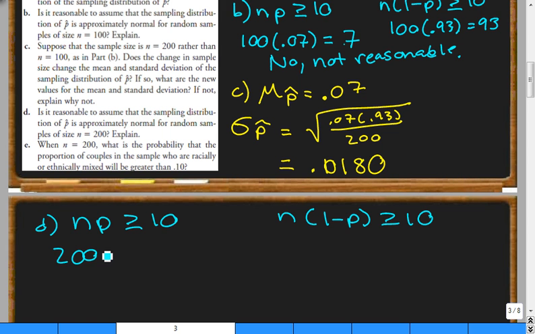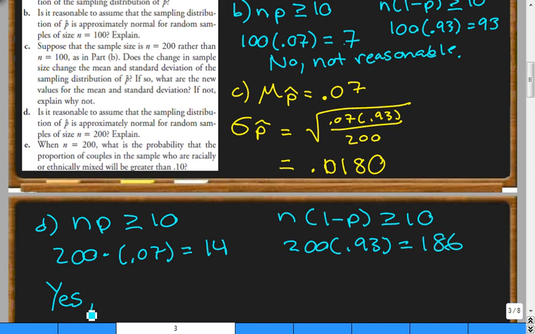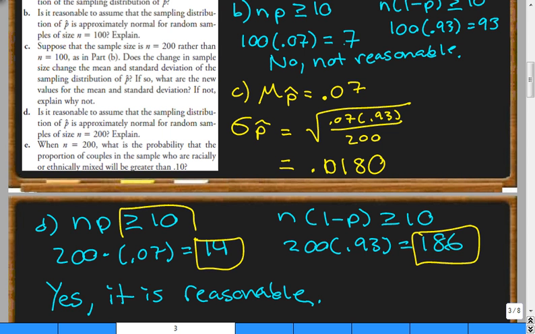So we have 200 times 0.07, which equals 14, and 200 times 0.93, that should be 186. So yes, it is reasonable, because both 14 and 186 are greater than or equal to 10. So we're good there.